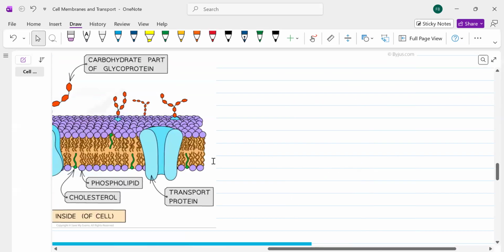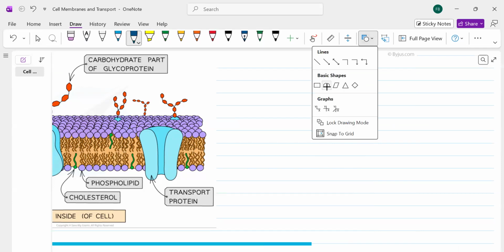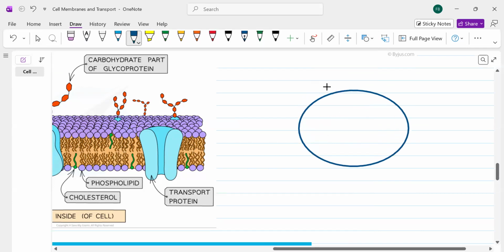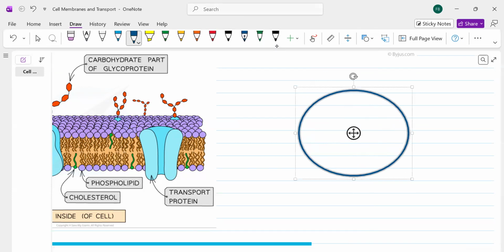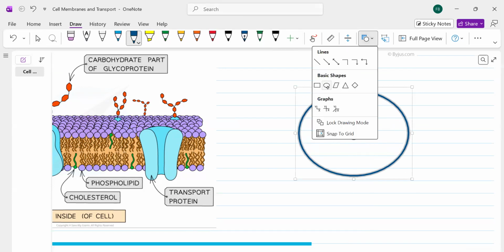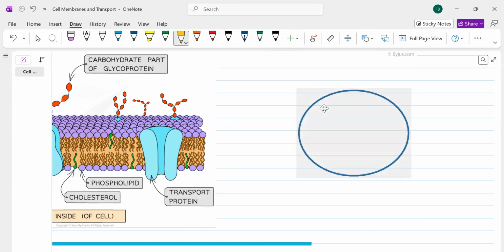Simply, what they suggested was this: for example, this is a sea, and inside the sea there are different things floating at different positions.